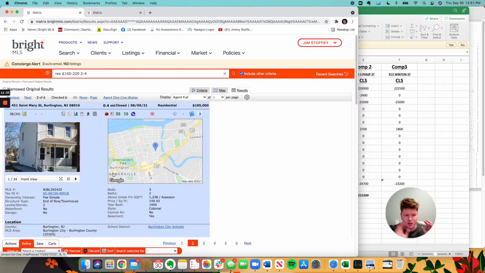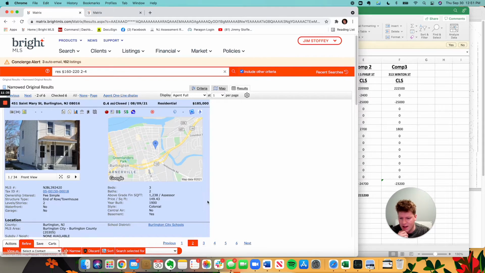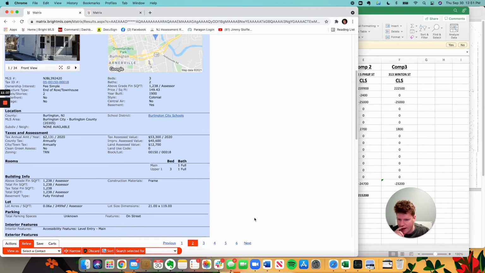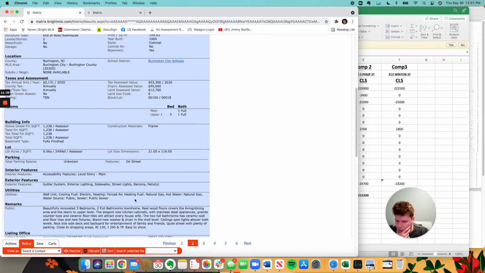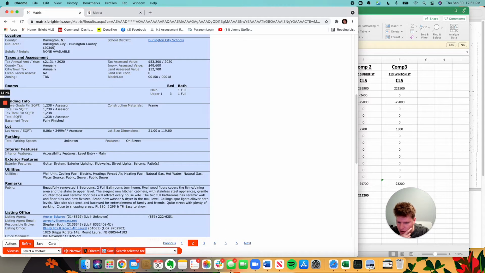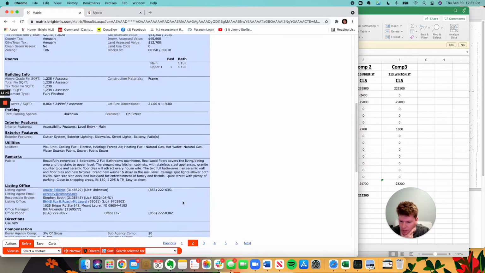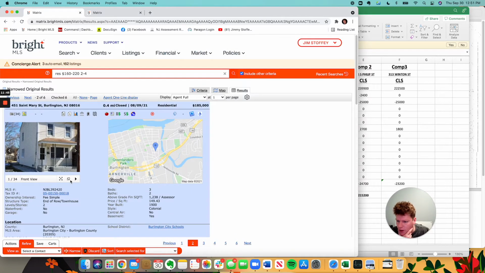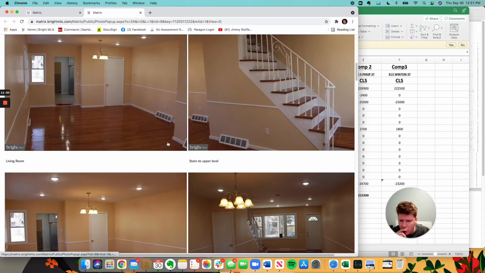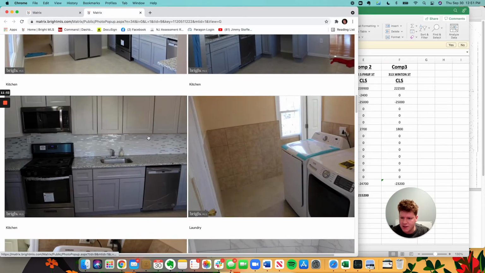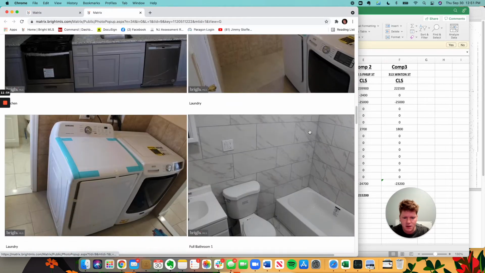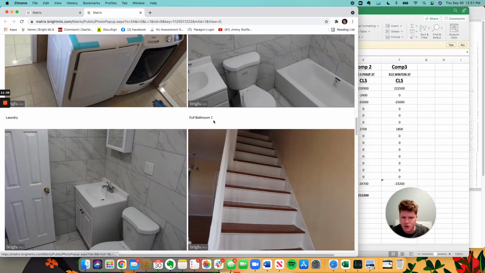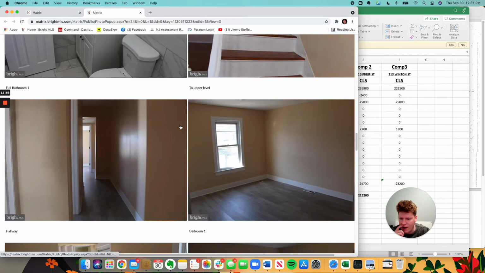You just have to use your judgment. I want to know where the second full bath is. It looks like it's downstairs. Is it downstairs? Laundry, full bath 1, full bath 2, full bath 1.